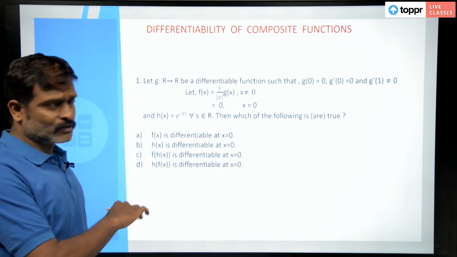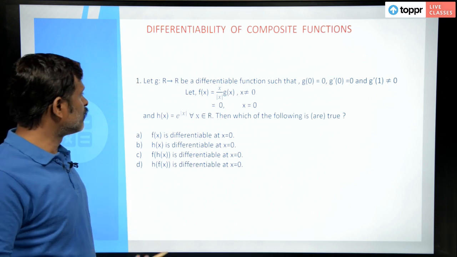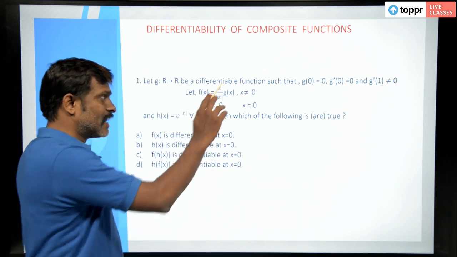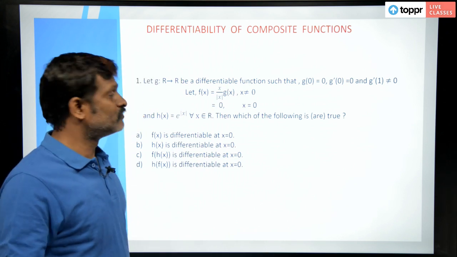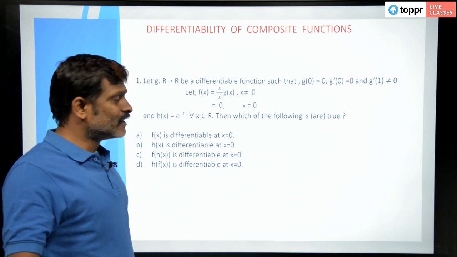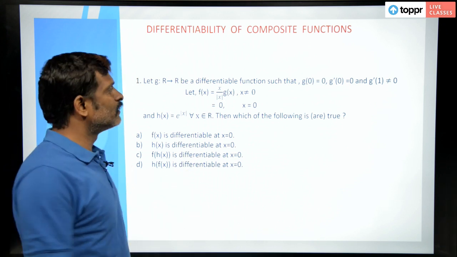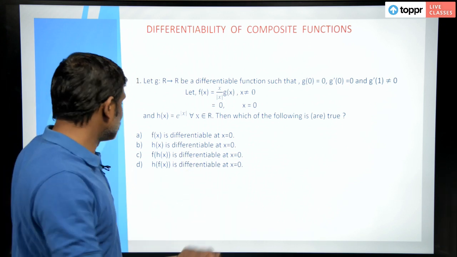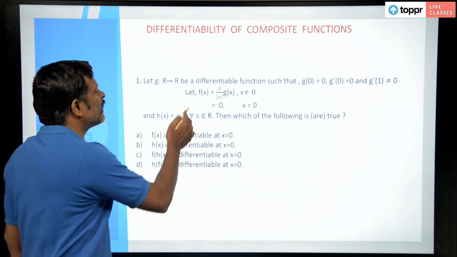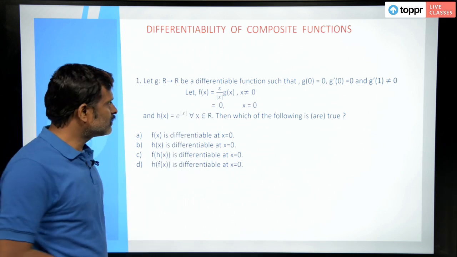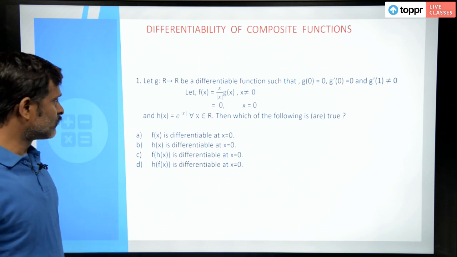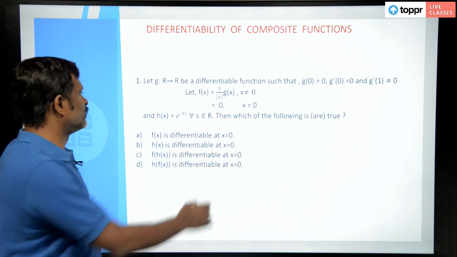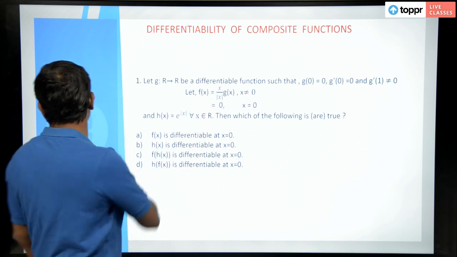So, when you substitute 0 in the function, you get 0, g dash is also 0 at 0 and g dash 1 is not 0. So, the gradient of the function g at 1 is not equal to 0, this is given, and then he defined one more function f of x, which is x by absolute value of x, or say modulus of x, times g of x. So, this is the definition of f of x.